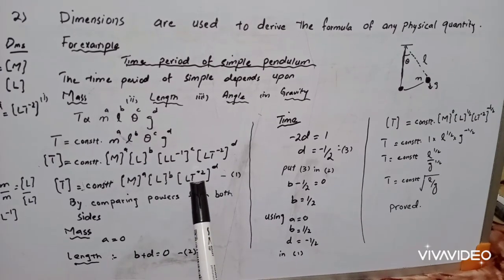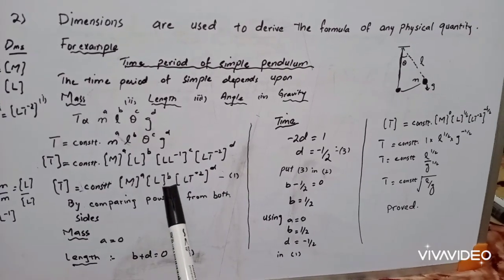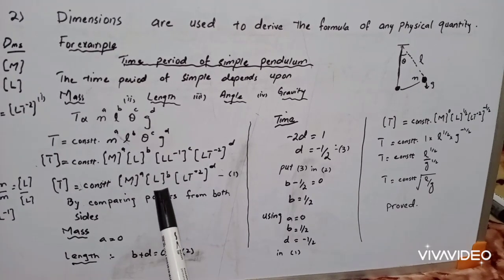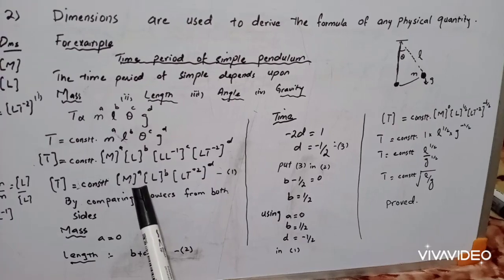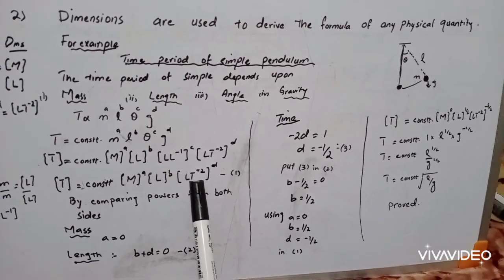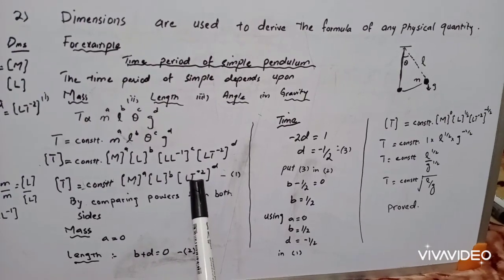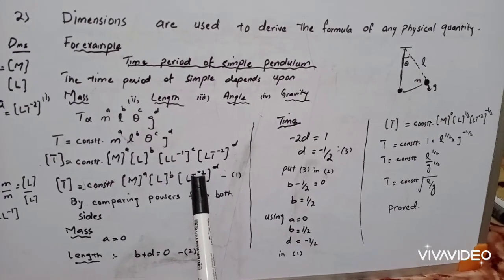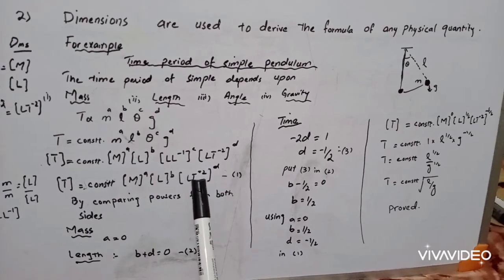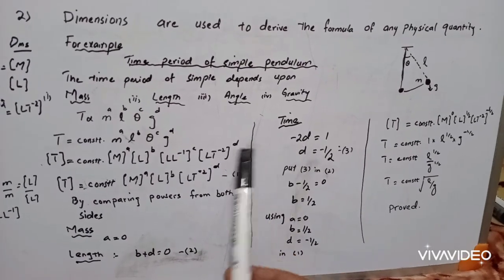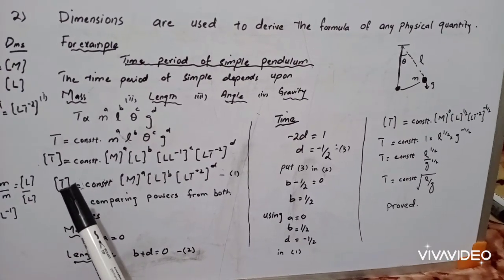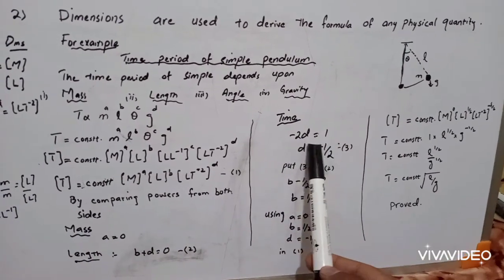Our third dimension is time. As you can see that there is no time in our first two physical quantities. The time is here. You can see that time has a power -2, so -2 is multiplied with its alphabetic power, -2d. So by comparing with the dimension on the left hand side, there is time and it has a power 1, so we compare it.